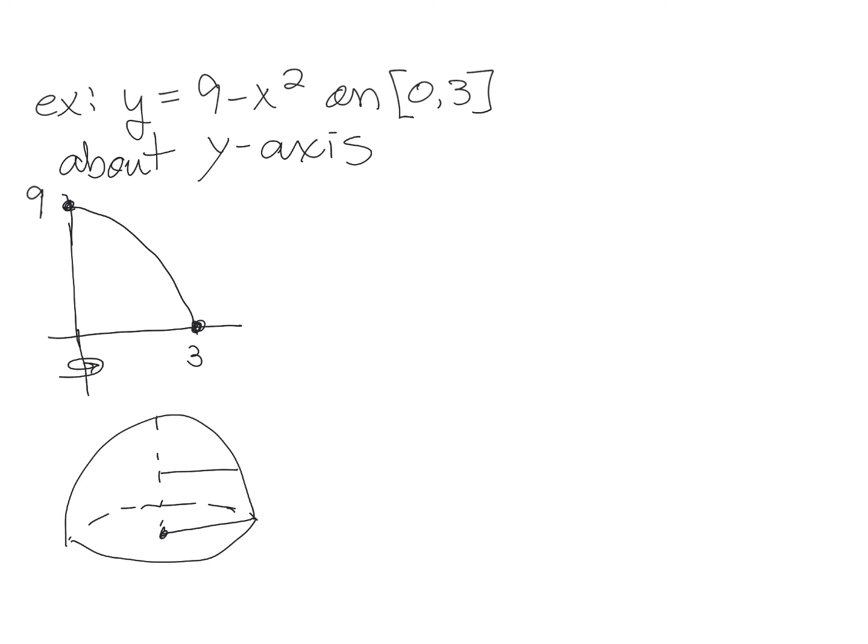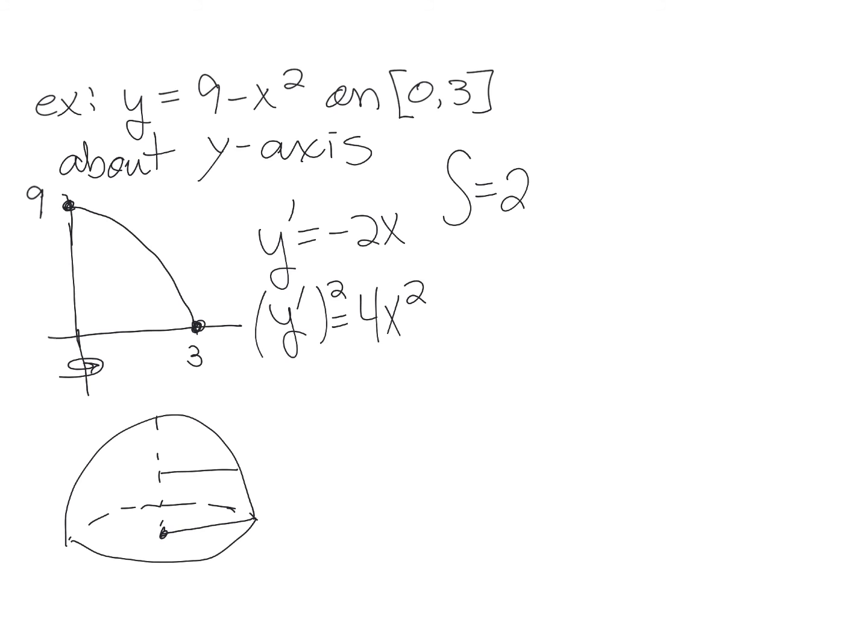And we have to find the arc length portion by taking the derivative, square the derivative, and we're ready to plug all this stuff in. Our surface area is 2 pi, integral from 0 to 3. The radius is x, and the arc length portion is 1 plus 4x squared under the radical dx.